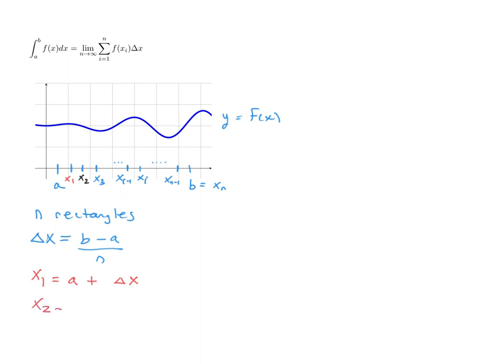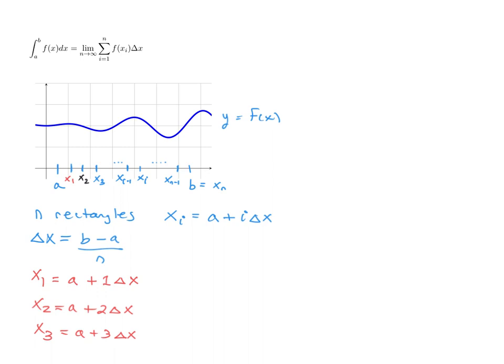Well, that's going to be twice. If you want to get to x sub 3, you'd have to count 3 times, and so on. If you wanted to get to this spot here, you'd have to count i number of times. You're always counting by the number that appears here. And this gives us a formula in general. You can say that the location of x sub i is equal to our starting point a plus i times delta x.